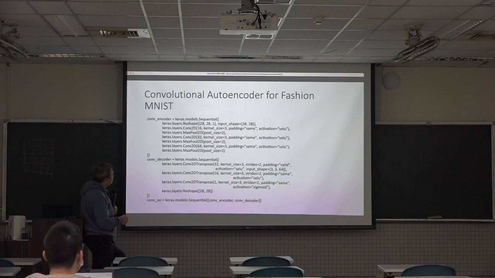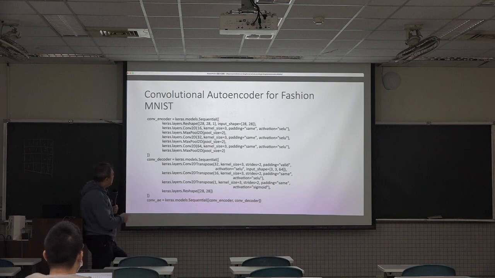Then we use another Conv2D with 32 feature maps, kernel size 3, same padding and activation 0, and again we reduce the height and width by 2.